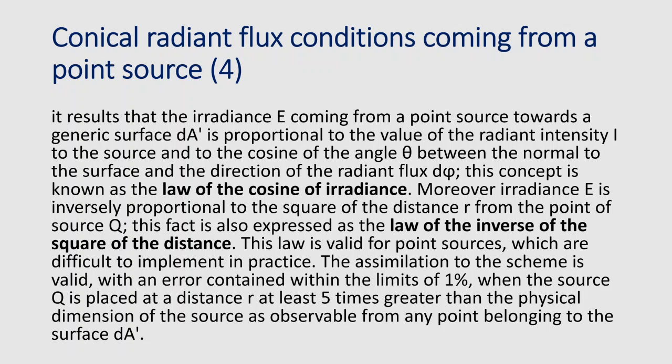So that means that if the distance r is at least 5 times greater than the physical dimension of the source as observable from any point, then having our sensor hundreds of kilometers from the Earth's surface means that this assimilation could be valid for our data, because they are all acquired in that sense.